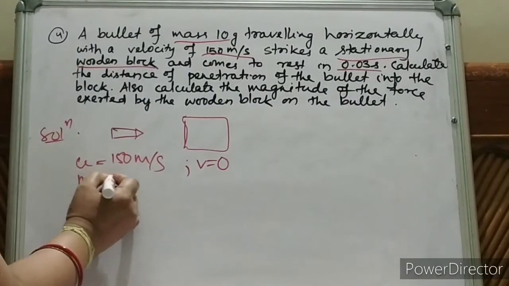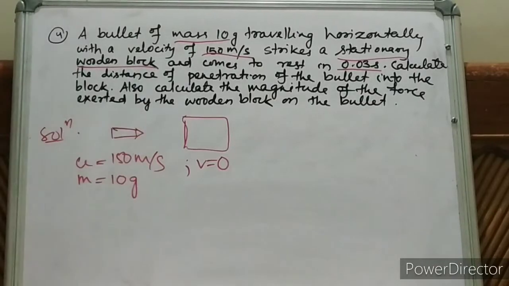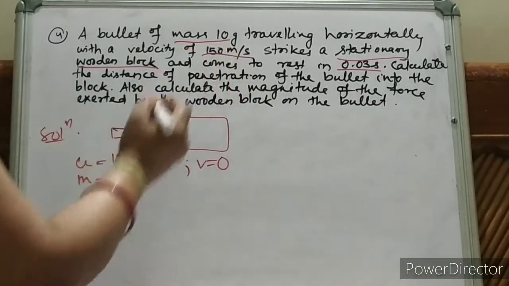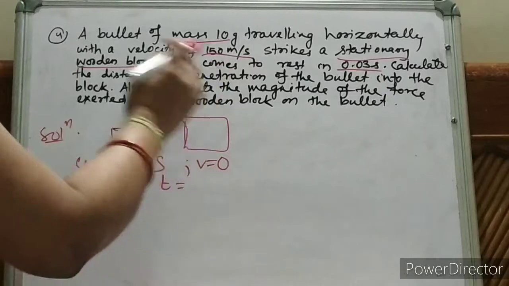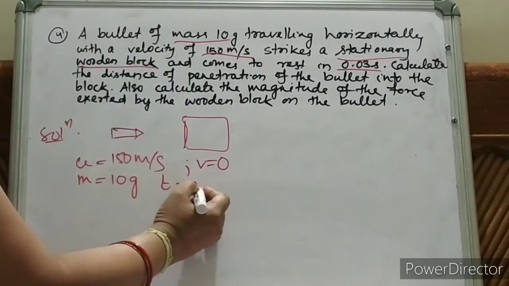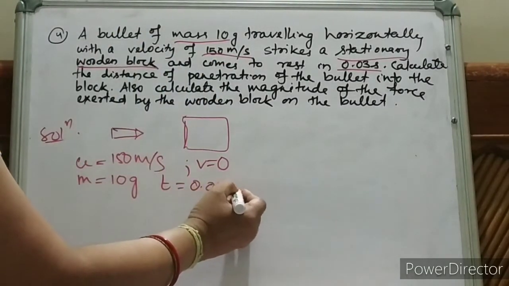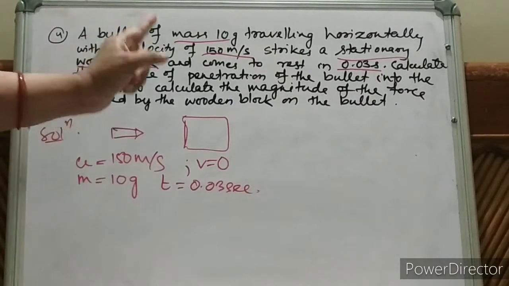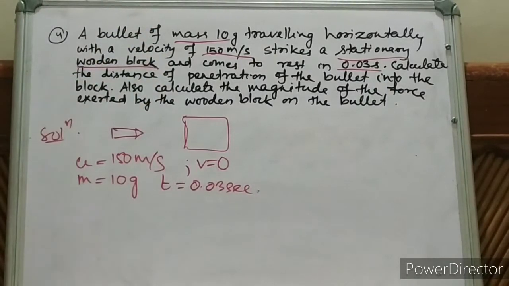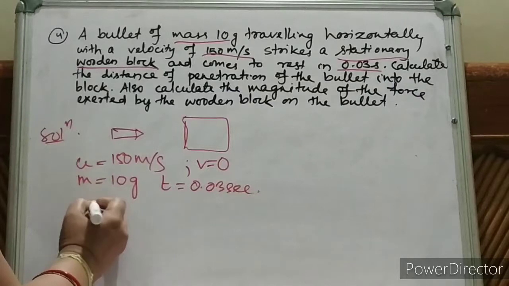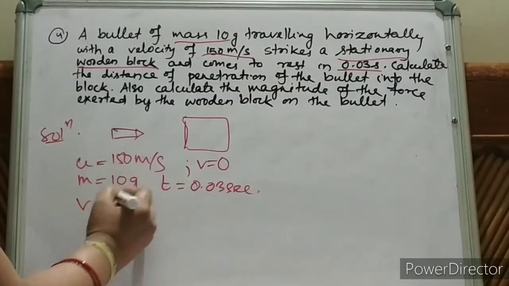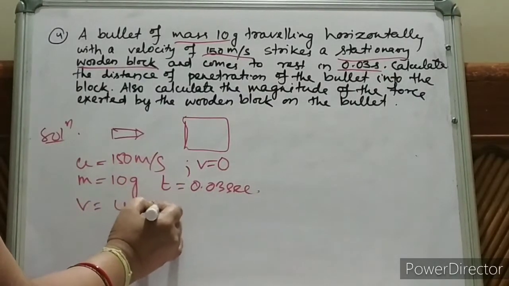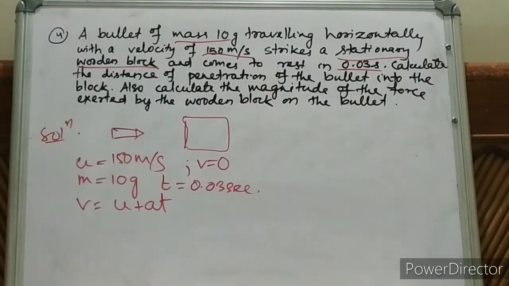Mass of the bullet is given, 10 gram, and how long it has taken to come to rest, that is 0.03 second, is given. So first you have to calculate the magnitude of the force and the distance. Which equation to use? We can use this equation, v is equal to u plus at.